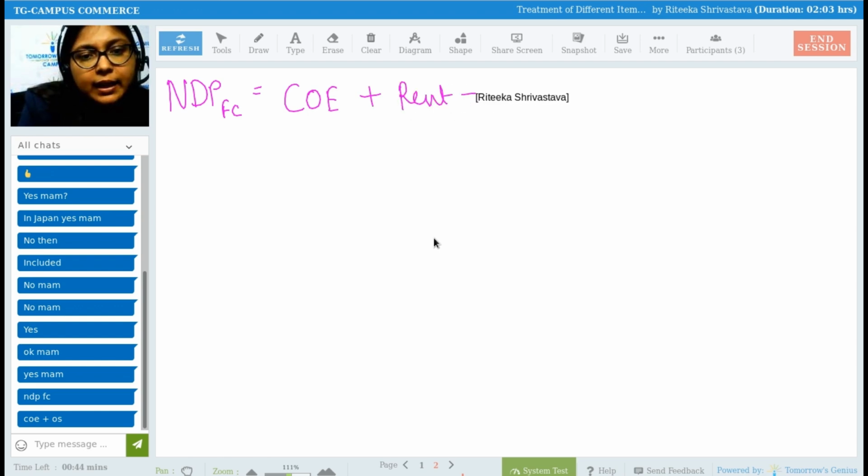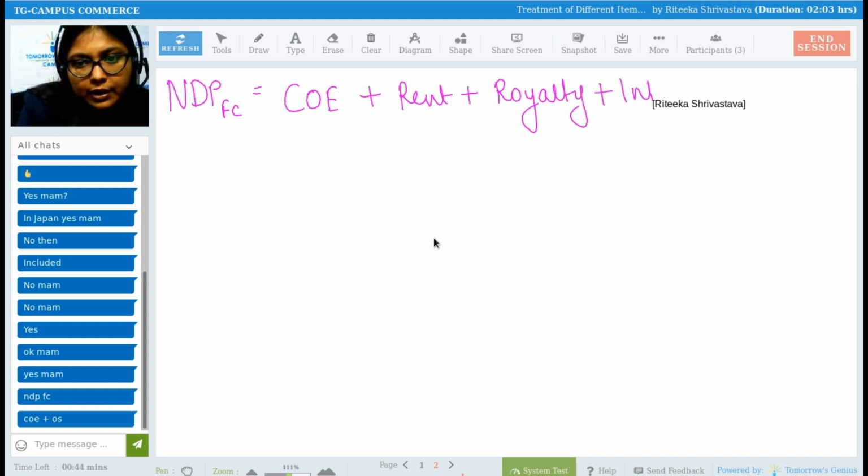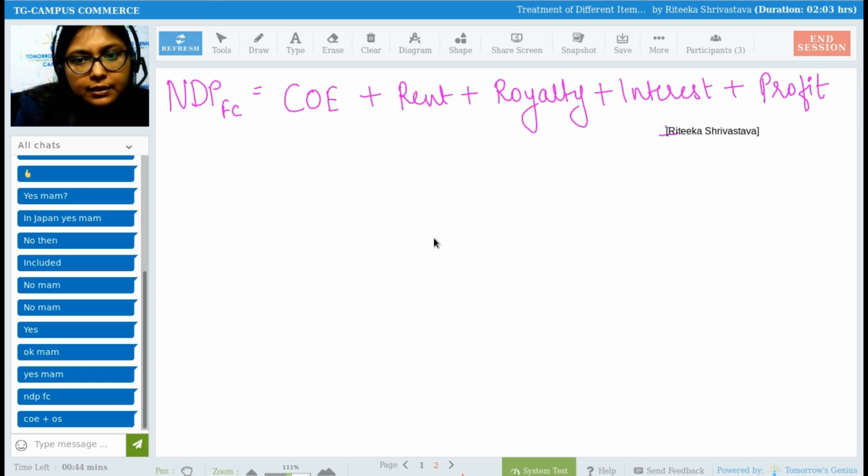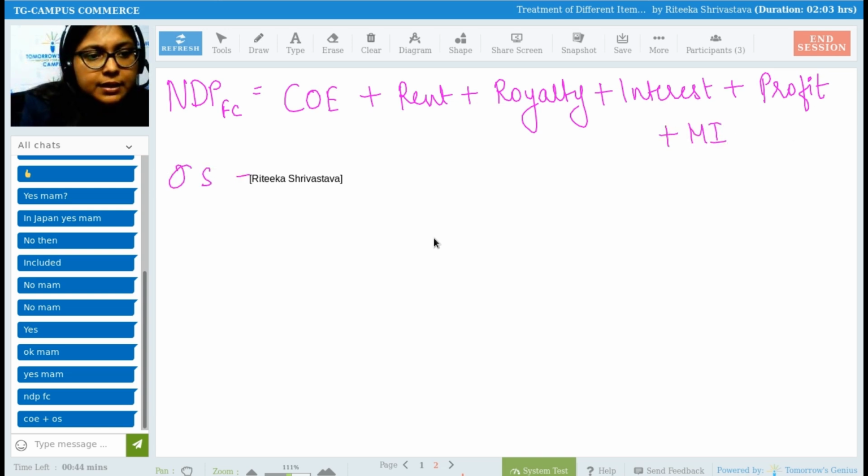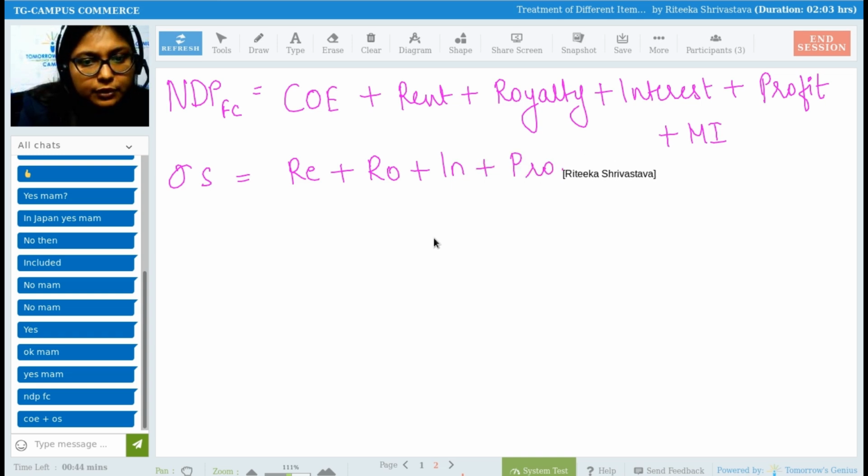Operating surplus means rent plus royalty plus interest plus profit plus mixed income. Operating surplus is nothing but rent plus royalty plus interest plus profit.